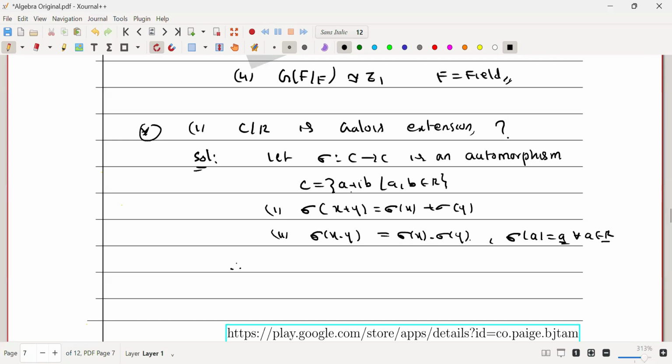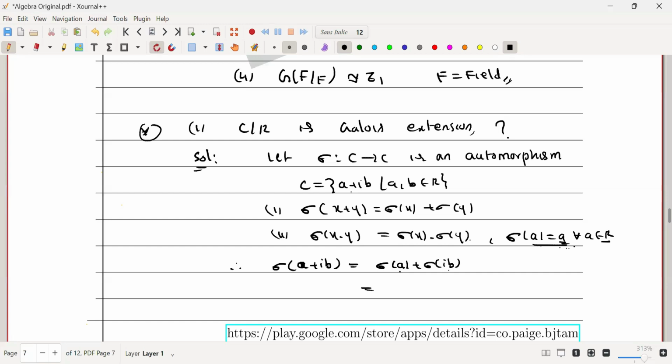That means for any real number, its image is the same, because the field R is fixed with respect to the automorphism. So now find the image of an element in C. So sigma of A plus IB, which is equal to sigma of A plus sigma of I into B, since sigma is an automorphism. But A and B are real numbers, so sigma should fix every real number.